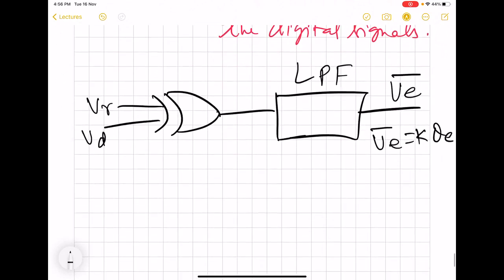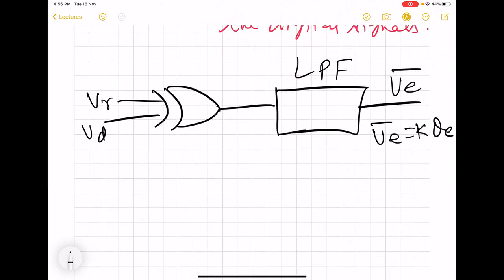So now we want to know what will be the characteristic graph of this type of phase detector. When we plot the characteristic graph, as was pointed out, we plot on the y-axis this V_E bar and phase error on the x-axis.